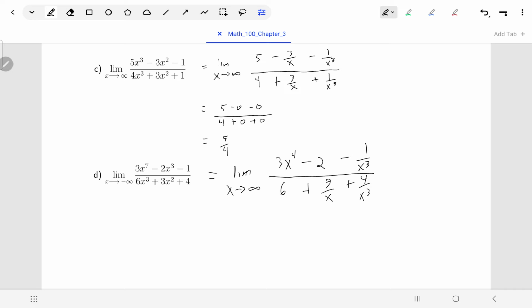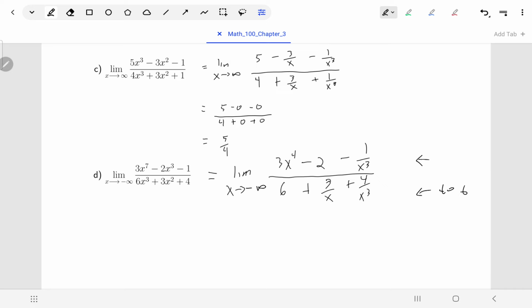So now my limit for the bottom is not going to 0 anymore. As x goes to negative infinity, the denominator is going to 6 plus 0 plus 0. The denominator is going to 6.